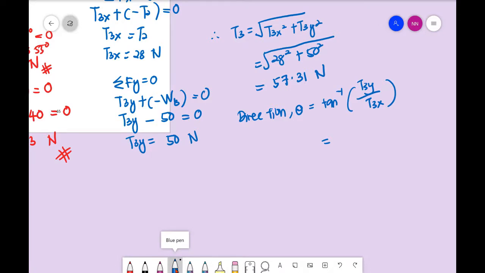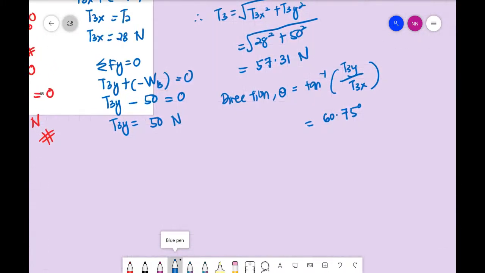So 50 over 28, and then inverse tangent answer, it is 60.75 degree. So theta in that diagram will be 90 minus 60.75 degree, which equals to 29.25 degree.